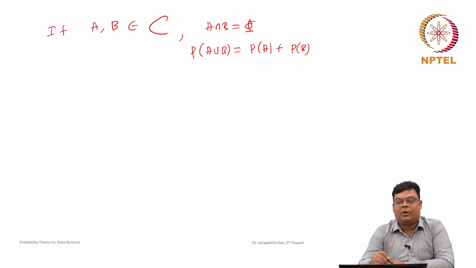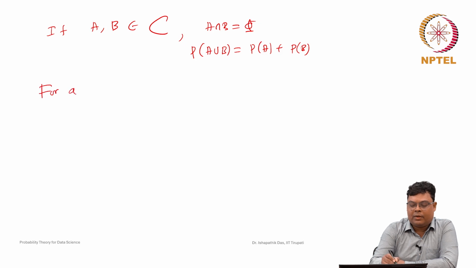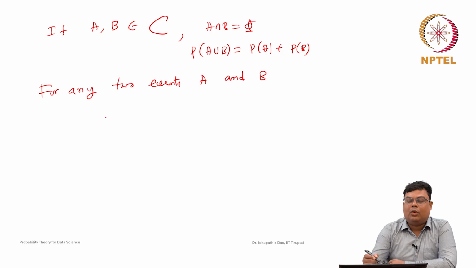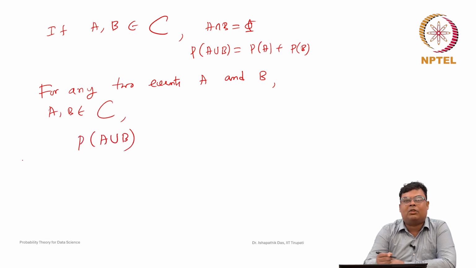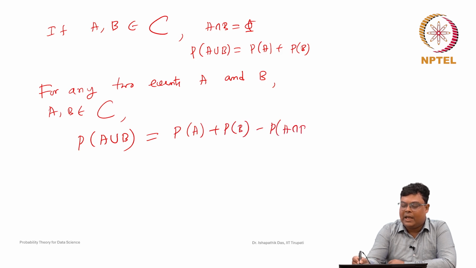Now, if they are not disjoint, for any 2 events A and B which may or may not be disjoint, that means A and B belong to this collection C. Because it is a sigma field, A union B also will be in the sigma field, so it will again be an event. The probability of A union B is nothing but probability of A plus probability of B minus probability of A intersection B. This is one of the important theorems, the addition of 2 events.